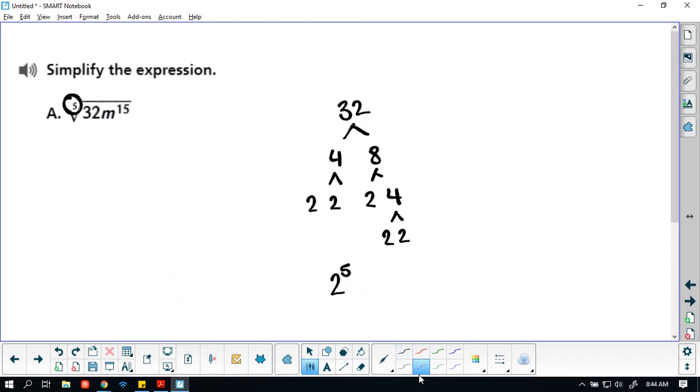So let's redo this. Actually, I'm going to rewrite this as 2 to the 5th times m to the 15th, raised to the 1/5 power.